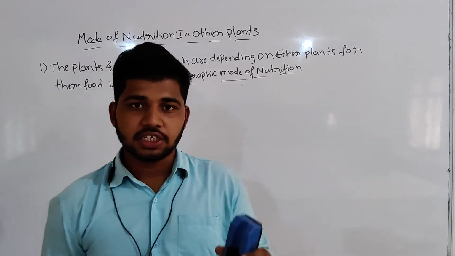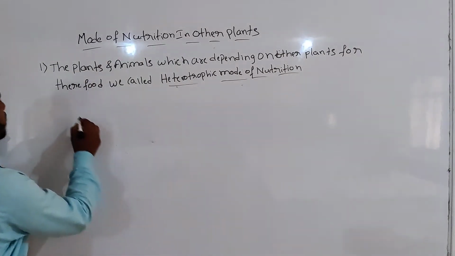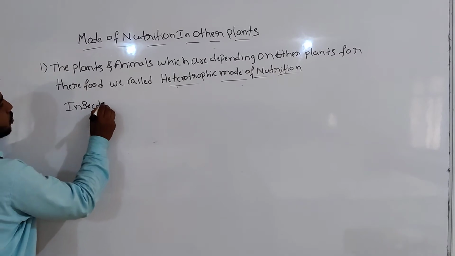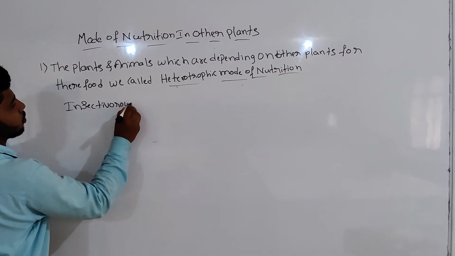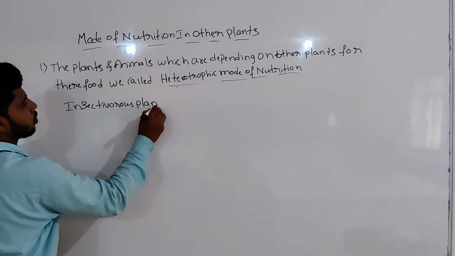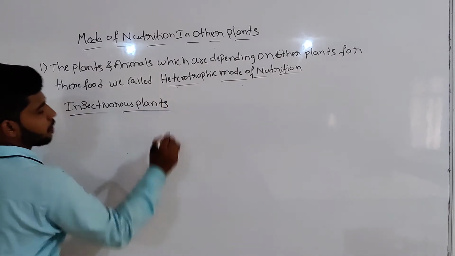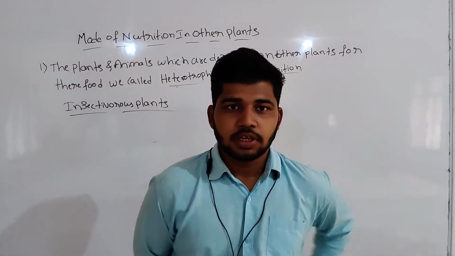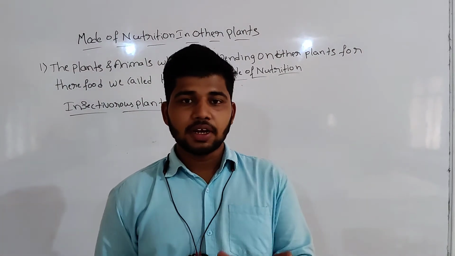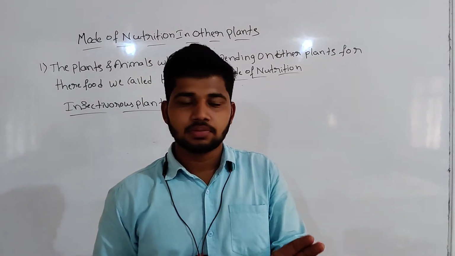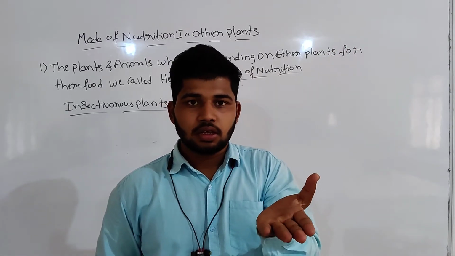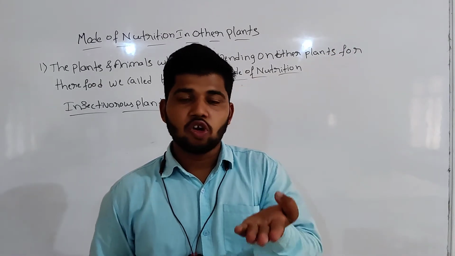What is the meaning of insectivorous plants? Take one small example, the pitcher plant. Have you seen the pitcher plant? It is a jug-like structure, and it has a small opening at the top.